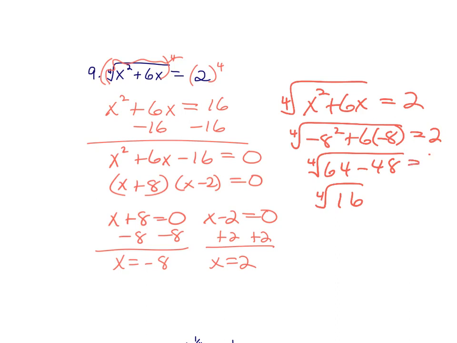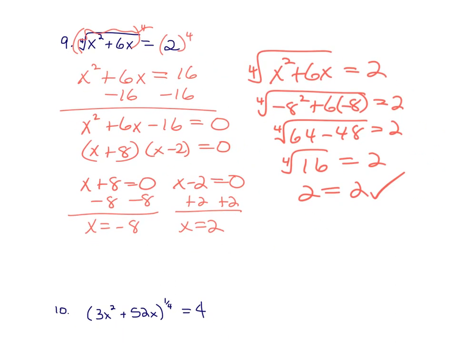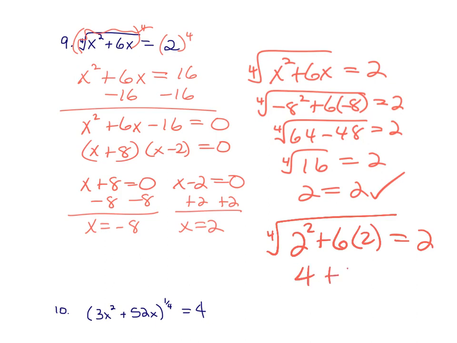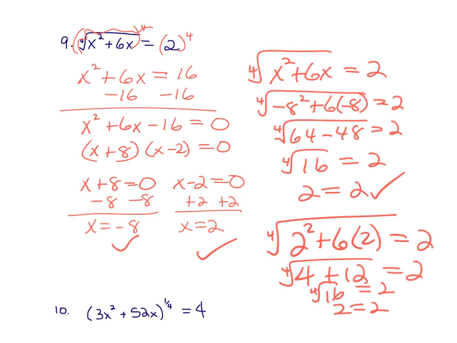The 4th root of 16 is 2, so it checks on that one. Plug in the next one. 2 squared plus 6 times 2. And again, 4th root here. So 4 plus 12, and I get the same thing. 4th root of 16 is 2. 2 equals 2. This one also checks. So they're both good.